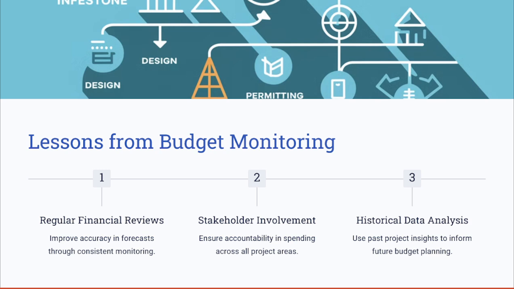So ensure that the stakeholders are involved when there are additional requirements or needs, to ensure accountability in the spending. Utilizing the historical data of previous projects can also provide insight for future budget planning if both projects have a similar scope.